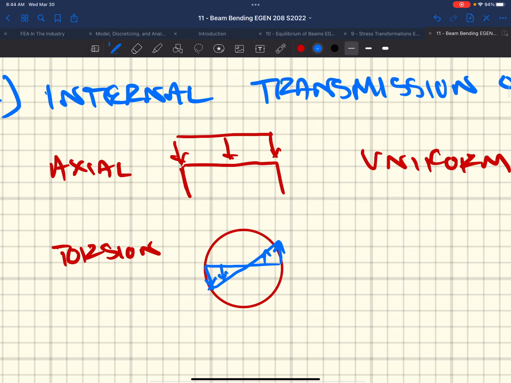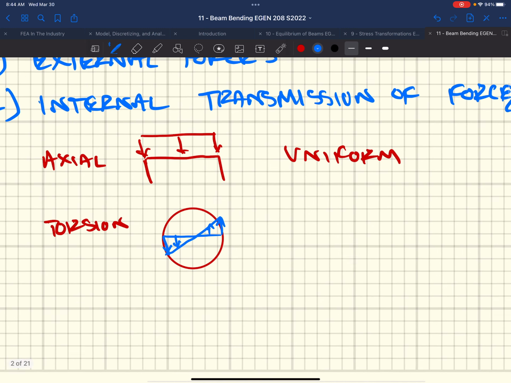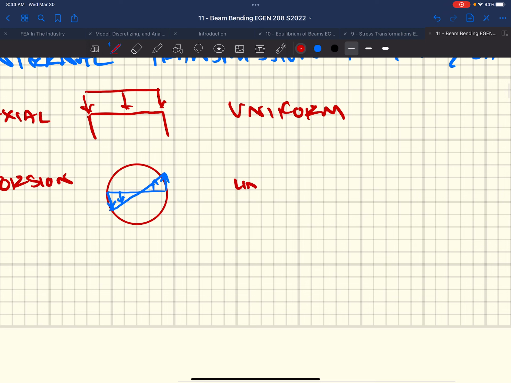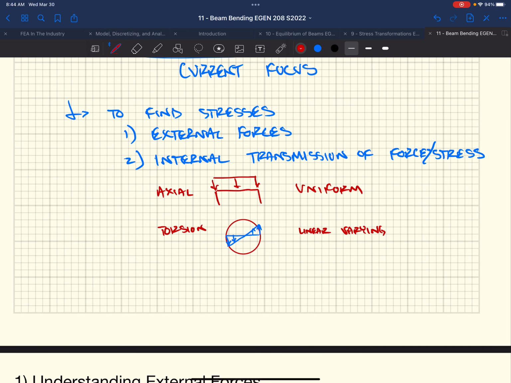Right, we had this behavior going on where if we provided a torque on this shaft, we were going to be putting a shear stress on it with the greatest magnitude at the outside face, which is our maximum diameter or maximum radius, right? And it goes to 0 at the centroid. So we had this linear varying stress.